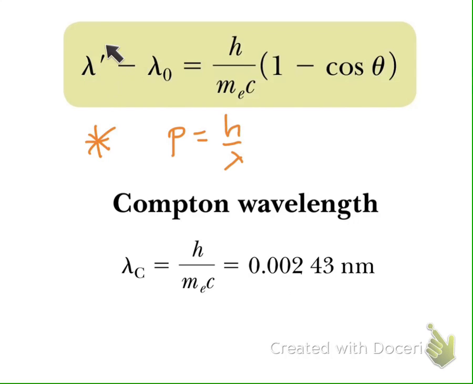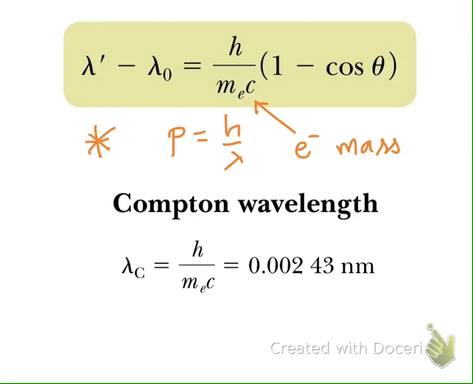The difference between the scattered light and the incident light is equal to this term. We call this term h over m_e c the Compton wavelength. Here m_e is the electron mass, c is the speed of light, and theta is the scattering angle.